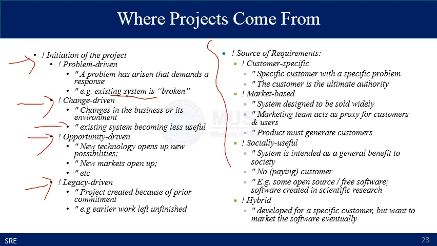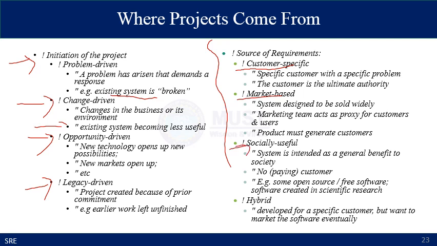And there can be more than one source of requirements, and the first and foremost is the customer. Customers with specific problems are the main source of your requirement gathering process. You can also do a market survey, which will help you identify how systems should be designed to be sold widely.